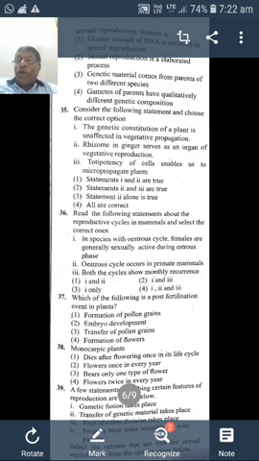So offspring formed by sexual reproduction show more variation because the gametes are coming from different parents, male and female.